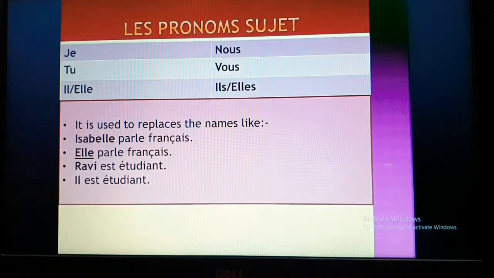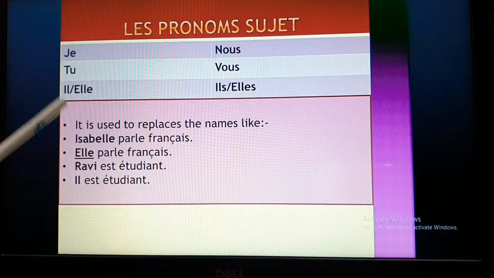Okay, the pronoun sujet, the subject pronoun, we already know it. We've been studying it since class 6. That is je, tu, il, elle, nous, vous, ils and elles. Now you already know the meanings of these. How to use it?